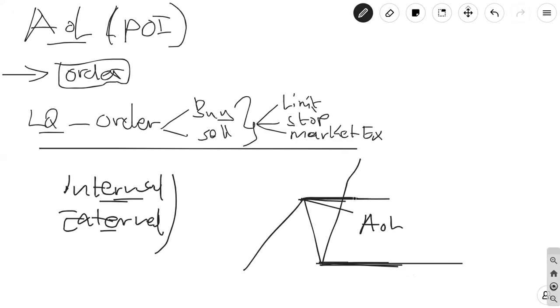So outside this, whether it's up here or down here, is where we find external liquidity.